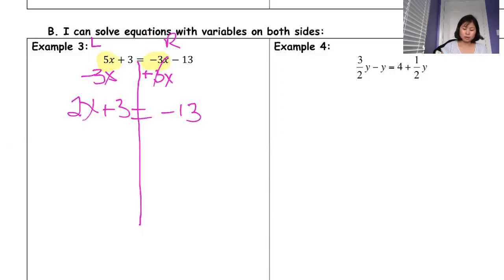Then when I look at this line, this is the number 3, this is negative 13. Well, again, they're on opposite sides. So what I would do, I'm doing the opposite, but it doesn't make sense for me to move the 13 because I have nothing on that side. So over here, I want to solve for x, so I would move 3 over. 2x equal to negative 13.